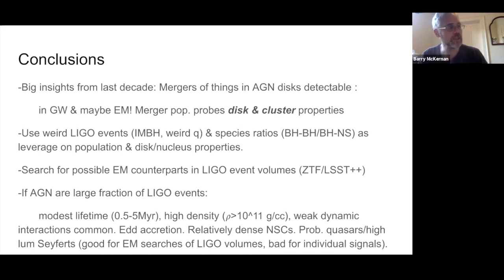If you're going to merge things efficiently in disks, you need a pretty dense disk in order to migrate these things so that they encounter each other, so that you make binaries at a reasonable enough rate that gas or dynamics knocks them over the threshold and LIGO detects them.